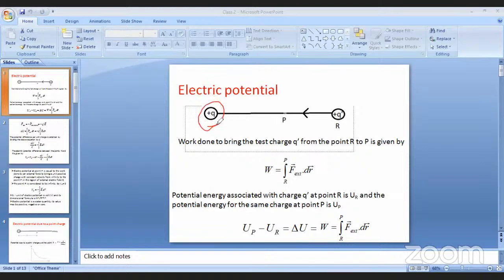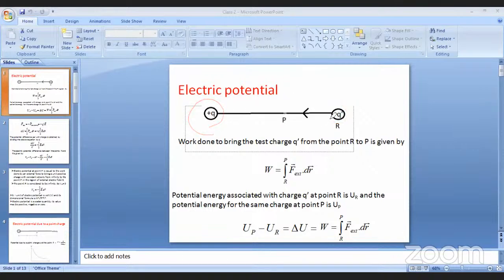produces an electric field around it, and since this is also a positive charge, like charges repel each other. So due to the presence of this charge, the charge Q prime experiences a repulsive force. In other words, this source charge doesn't allow the test charge to be moved into its field very easily.